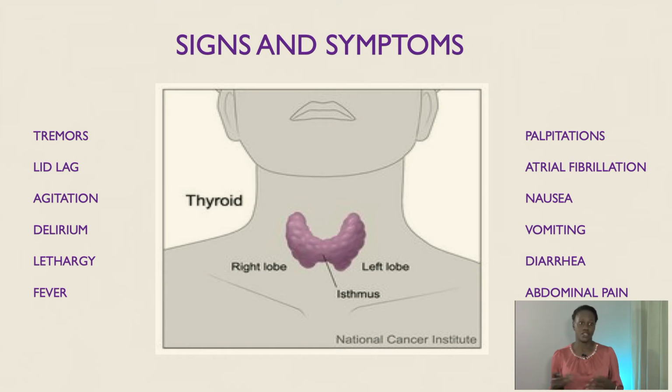Then we think about the GI system, where in thyroid storm they might have nausea, vomiting, diarrhea. They might have jaundice as well. So in general, for thyroid storm, think of the extreme version, the ones you would think are going to the ICU or step down or intermediate care.